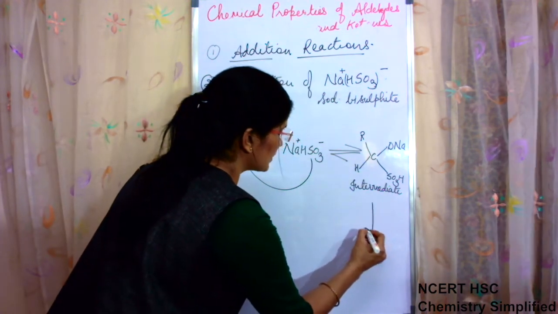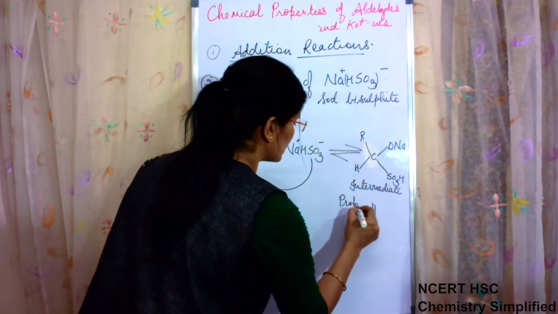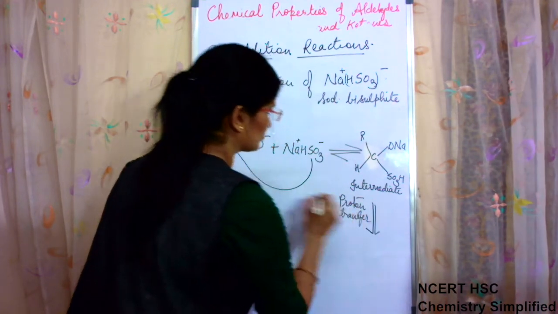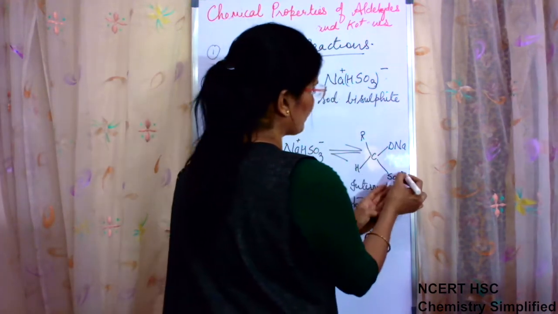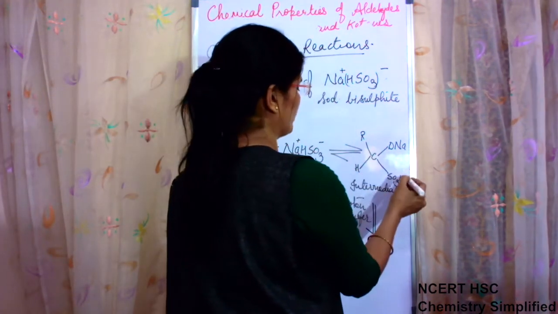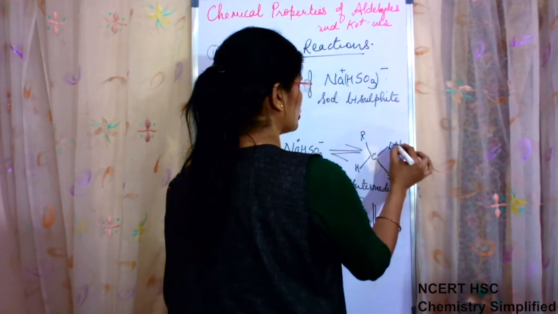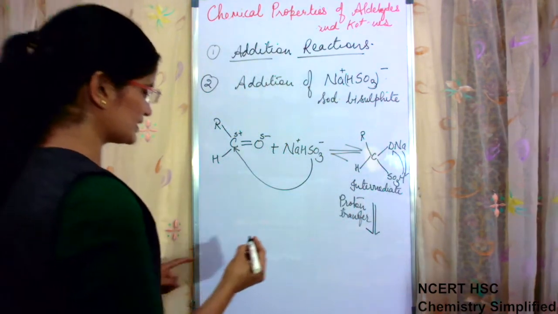In the next step, proton transfer occurs. Proton transfer means what? Exchange of atoms within the molecule. This H going here and Na coming here to make it more stable.